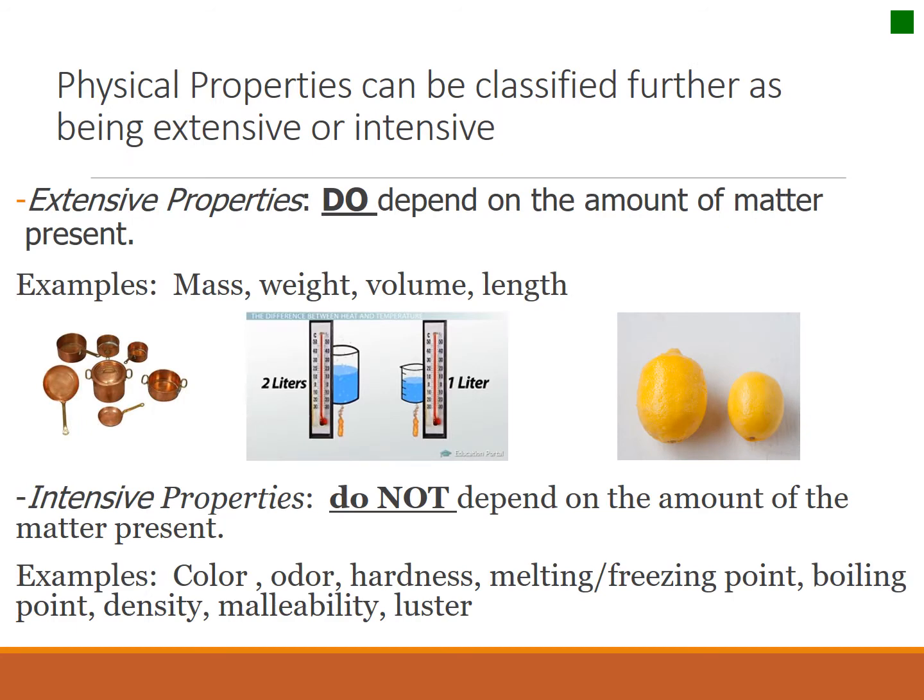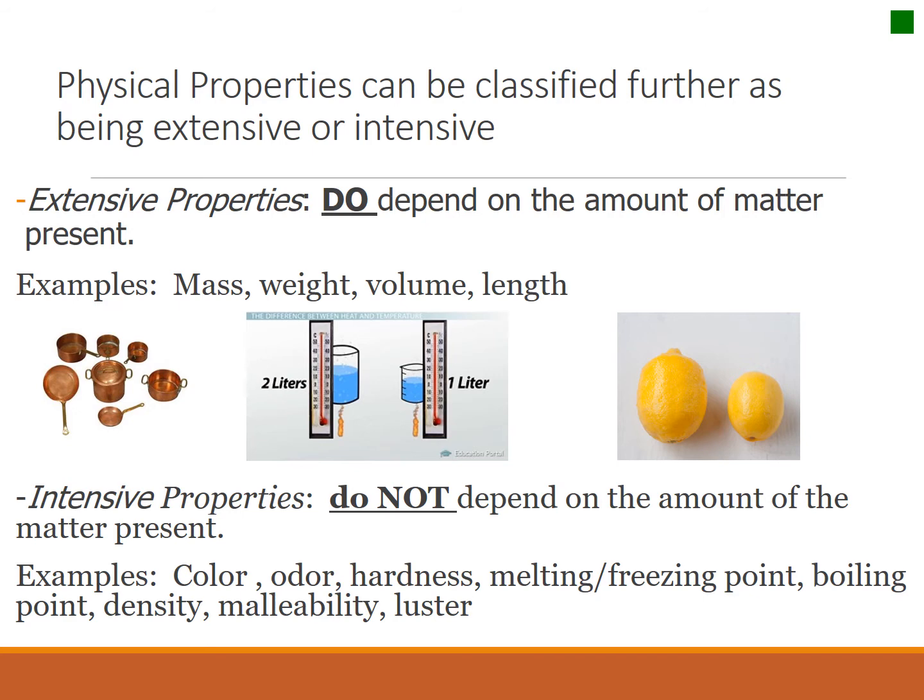We're going to start off with talking about extensive properties. Extensive properties do depend on the amount of matter. So think of it as extensive properties are affected by how much you have. Mass is affected by the size of an item.